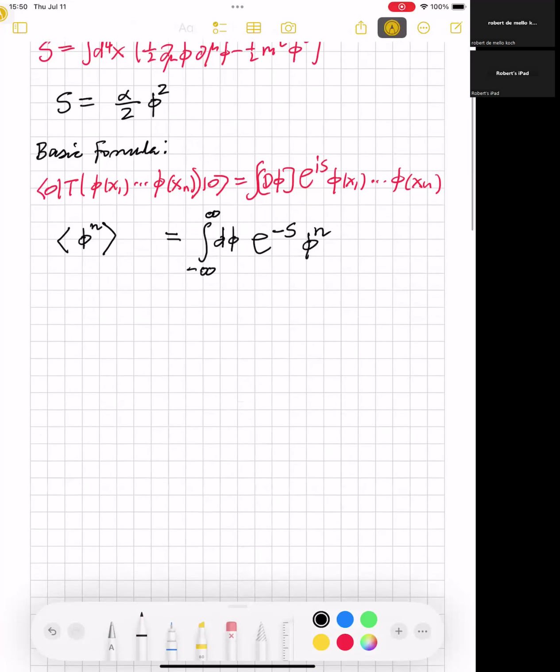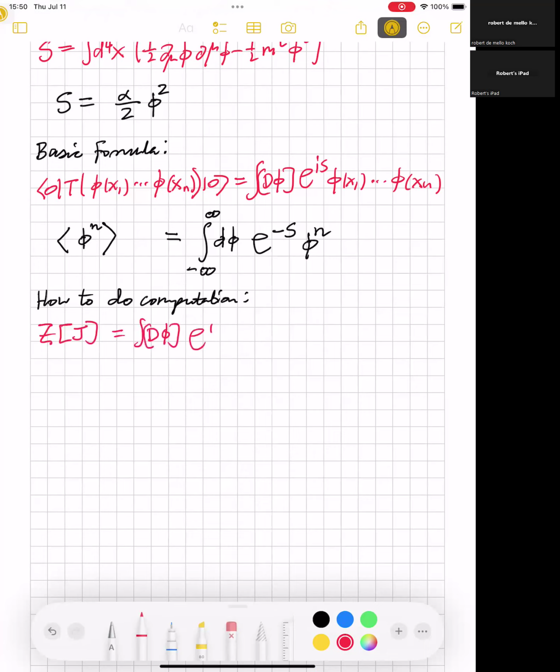So now let's talk a little bit about the mechanics of the calculation. How to do the computation. Well, I hope it's still fresh in your mind that what we did in 3+1 dimensions is we defined Z of J, and this was equal to a path integral d phi.